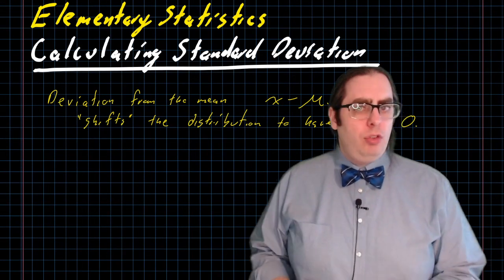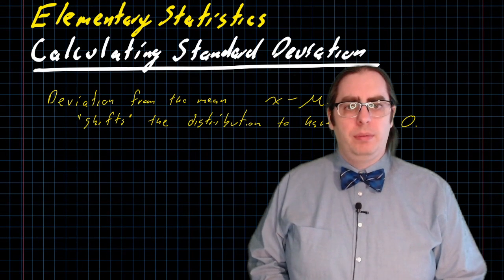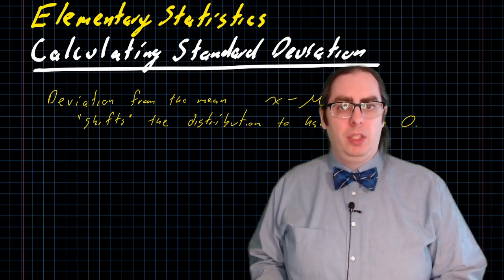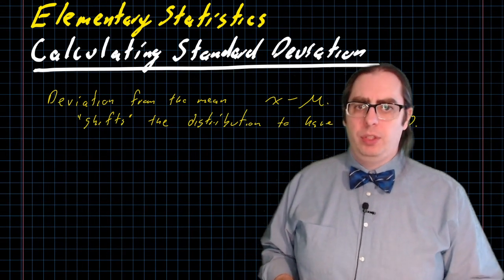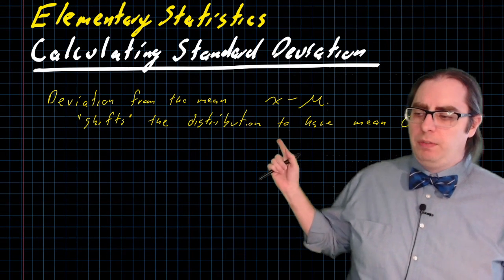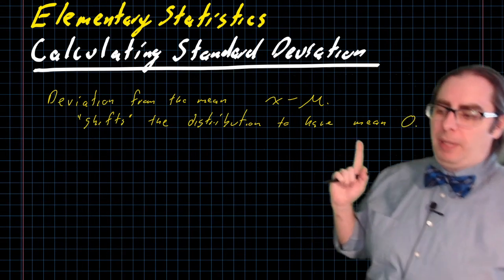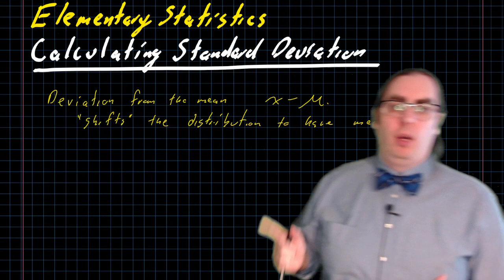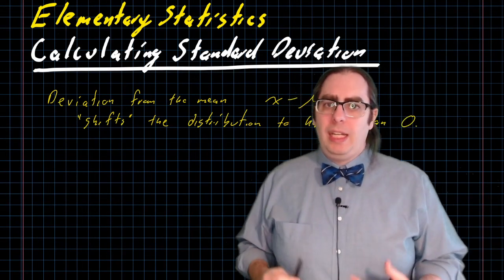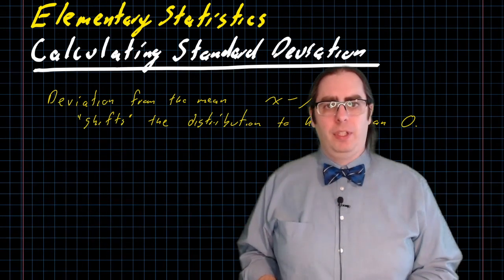But it leads to a natural question. What is the deviation from the mean on average? Now, the mean of the deviation from the mean is going to be 0 every time. So we need a different idea of average.